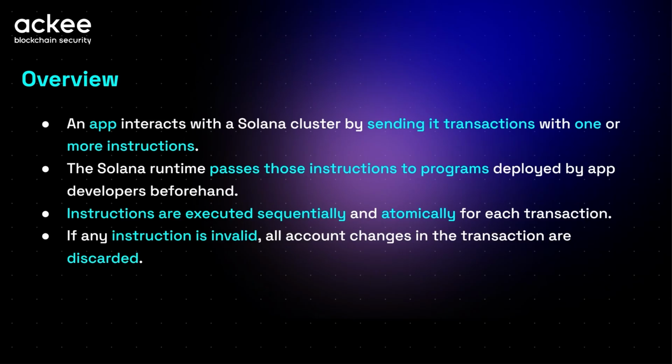This transaction is, for example, signed by you as a user if it has to be authorized by you. And then the transaction is sent to the Solana network or to one of the Solana validators. And there the execution actually occurs. So this is the overview in general.